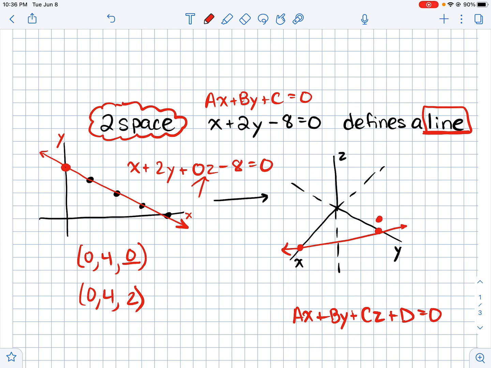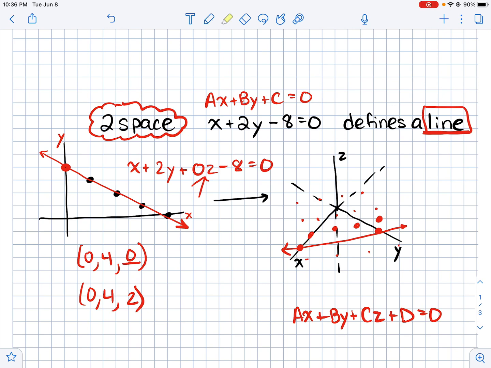Let's say I did that with all the points. I'd be graphing all these points, and they'd just be going up the z-axis, right? But you'd be staying on that same plane. So you'd be graphing all these same points, but in different locations.